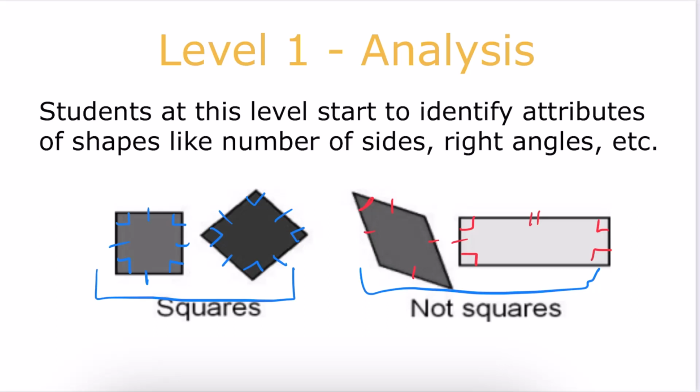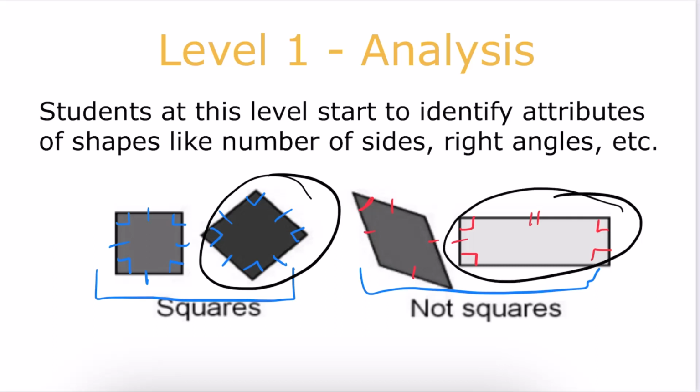In comparison, a student at level 0 might say that this is not a square because it doesn't look like a square. That would be their reasoning, because they're like, oh, well, it doesn't look like what my brain thinks a square looks like. And they might say that this is a square, depending on how they think about it.